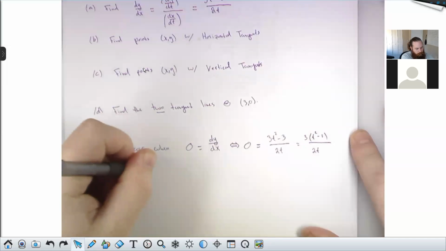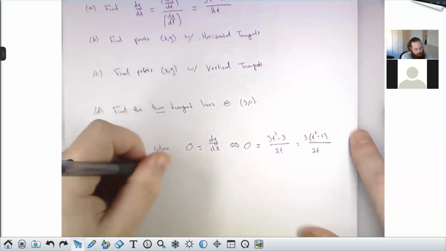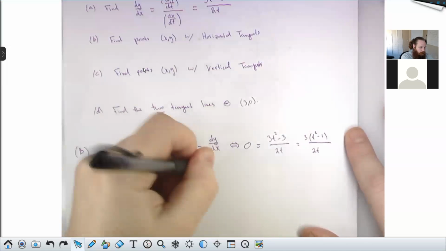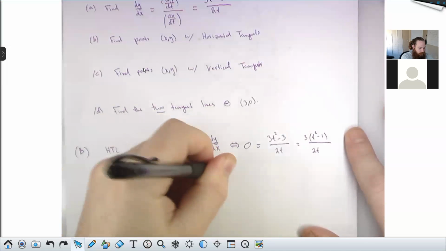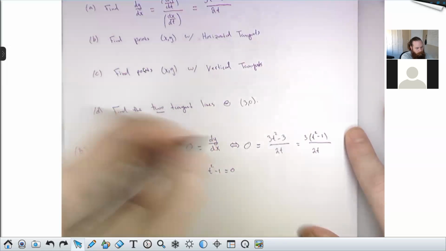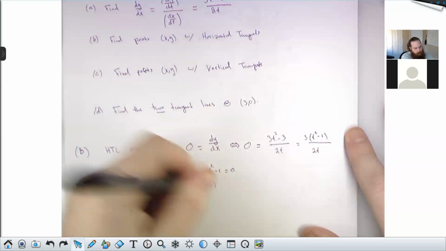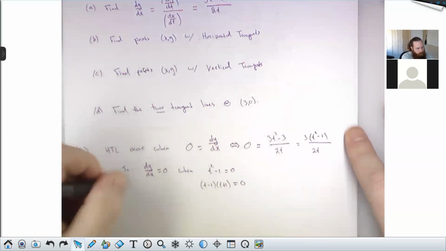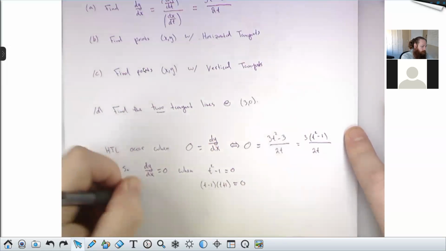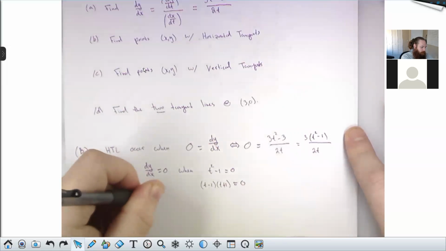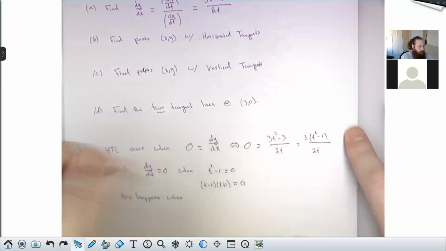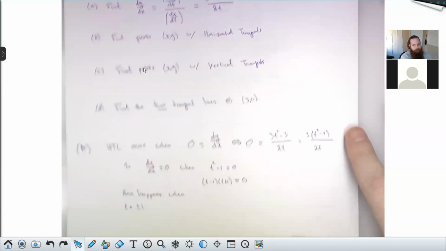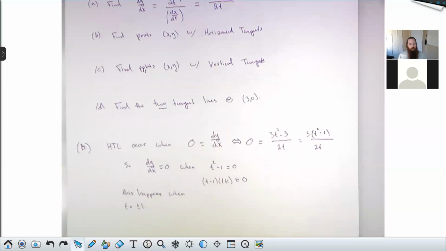So dy dx will equal 0 when t squared minus 1 is equal to 0. And since this factors as t minus 1 times t plus 1, this happens when t is equal to plus or minus 1. Everybody with me so far?